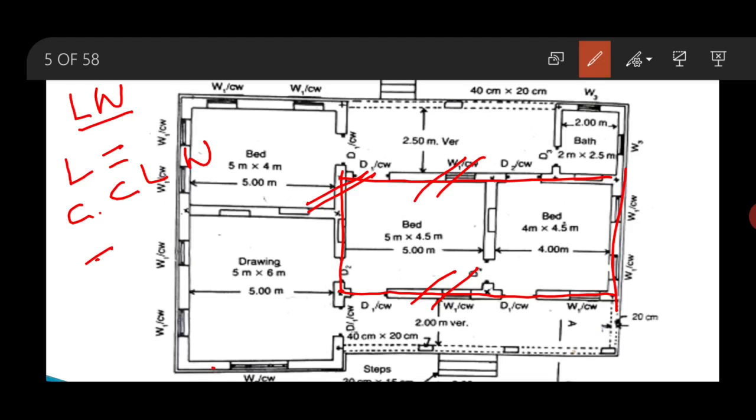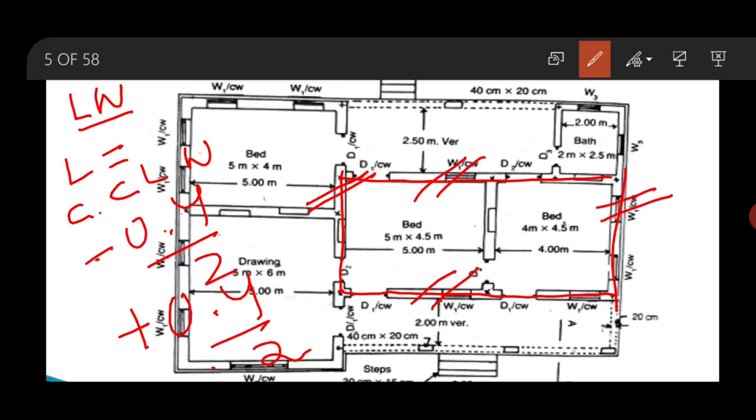So from the center to center length of the long wall, we have to subtract half of the width of the DPC from one side, as this work has already been completed, and we have to add half of the width of the DPC for this portion. Clear? So the center to center length of the long wall is 9.6.